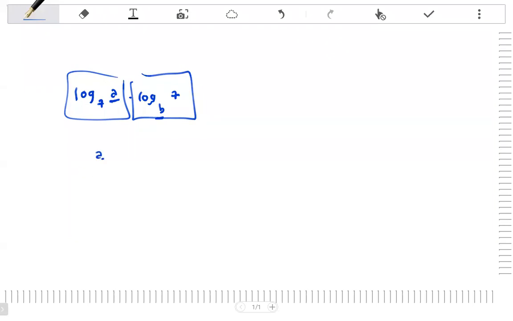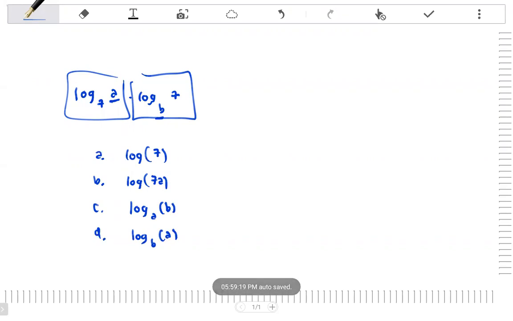Our answer choices are going to be log base 7 of a, log base a of b, log base b of a. Does anyone have a guess on what this could be?